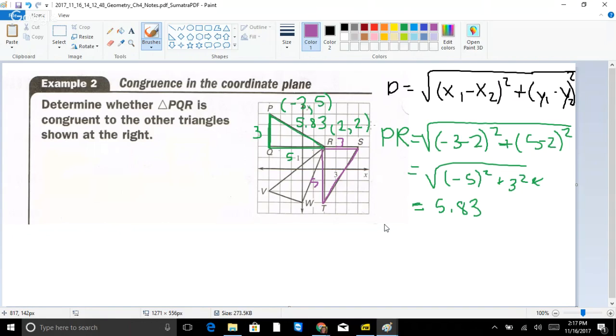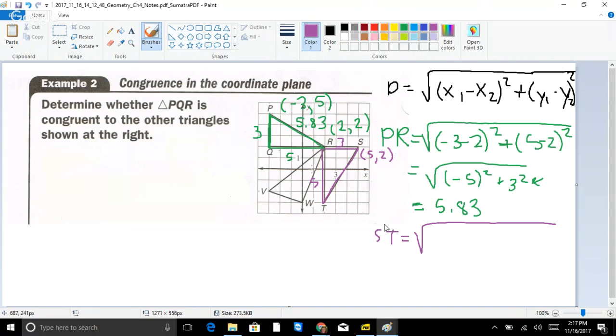So guess what I get to do again? Distance formula. ST, the distance between S and T. I have to figure out where S is. S is at 1, 2, 3, 4, 5, 1, 2. S is at 5, 2.